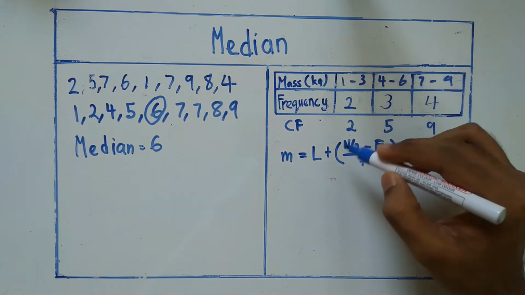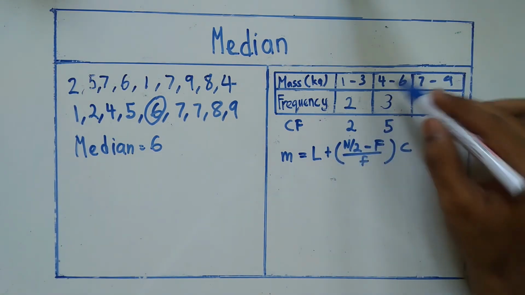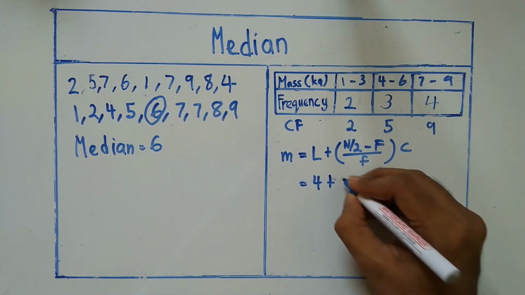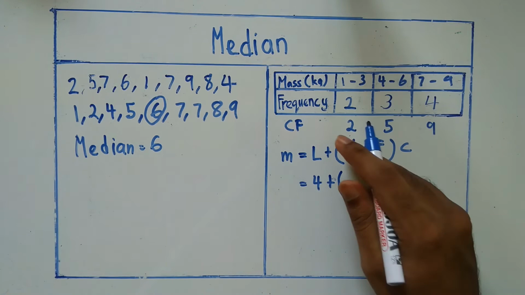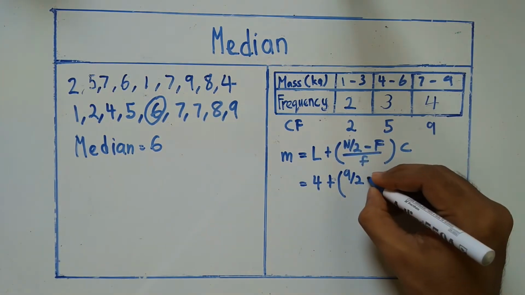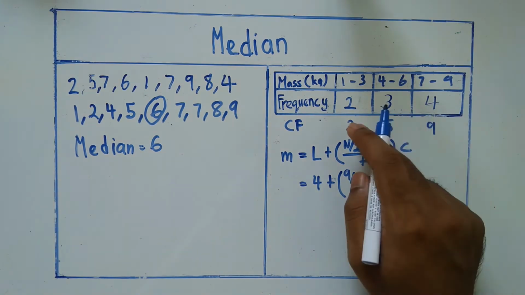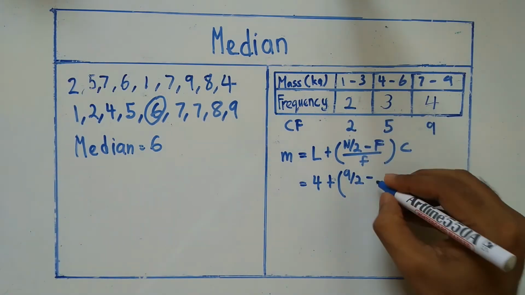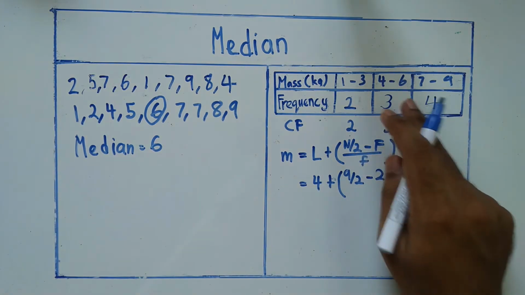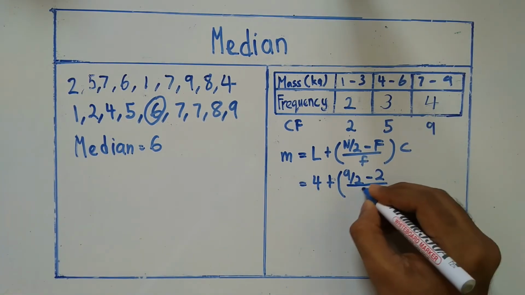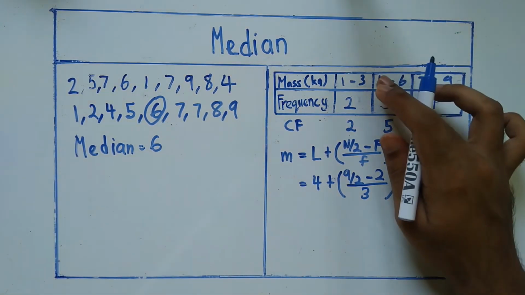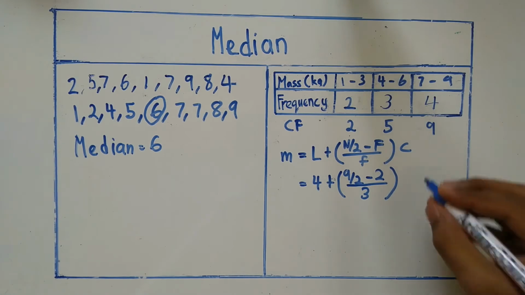Therefore, the lower limit L is 4, the value of N is 9, the value for F is 2, the value for small f is 3, and the value of C is 3 to account for 4, 5 and 6.